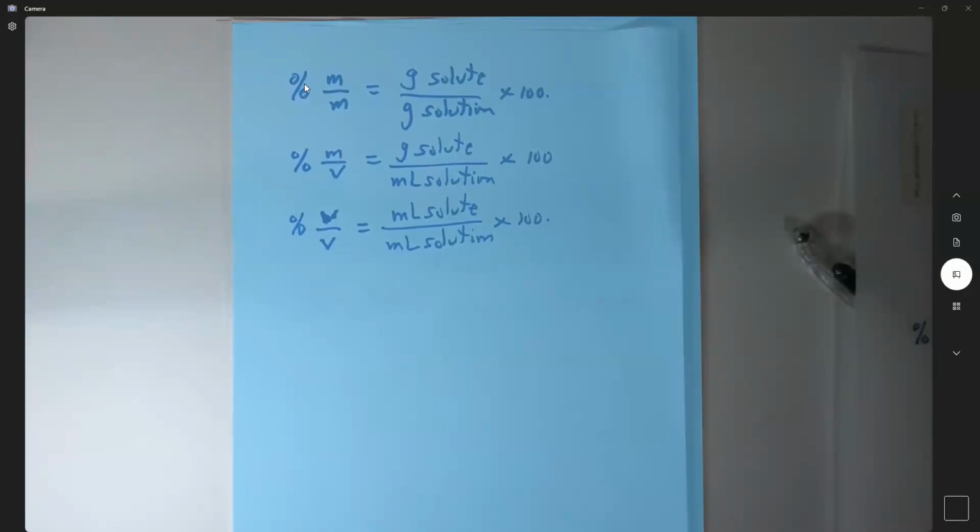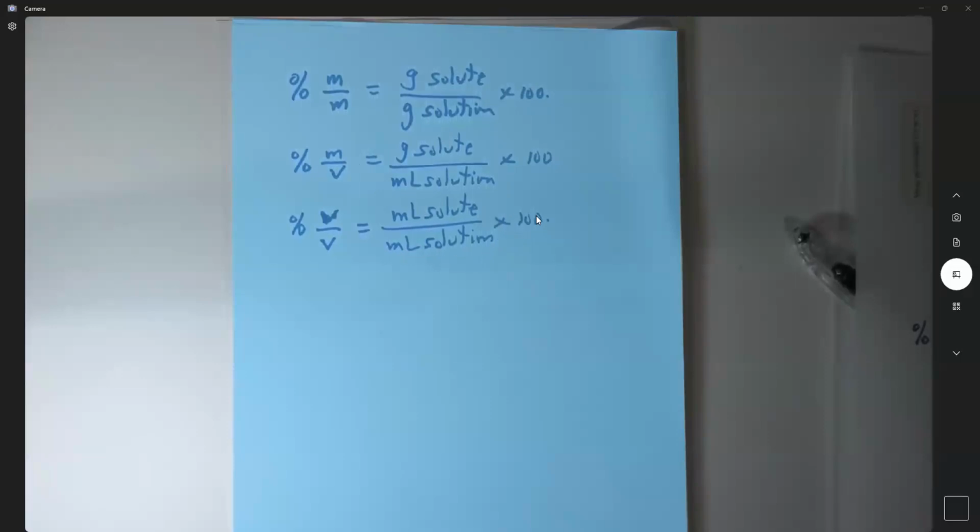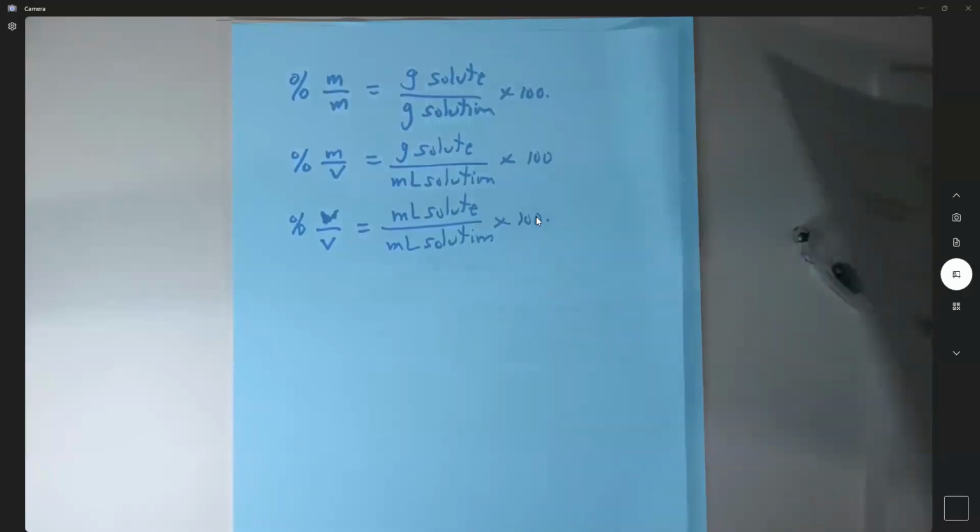The percent concentration can be expressed as mass of solute per mass of solution times 100, or mass of the solute per milliliter of solution times 100, or milliliter of solute divided by milliliters of solution times 100. One example is here.